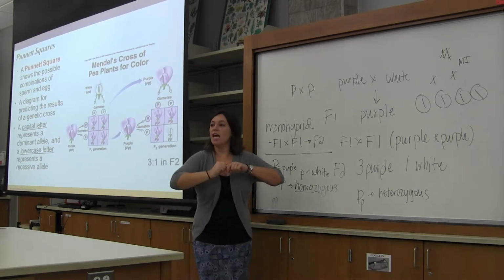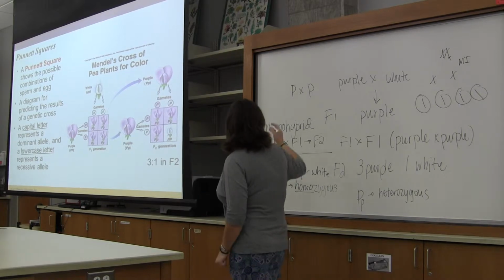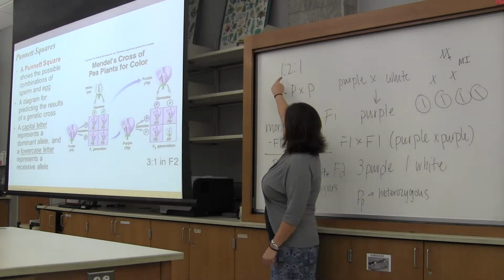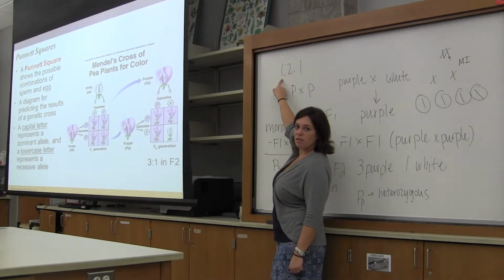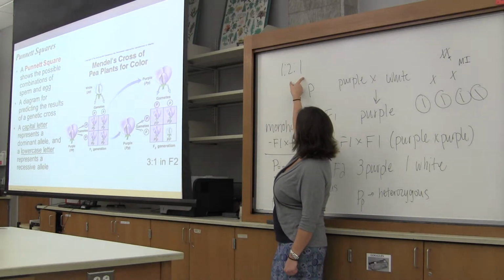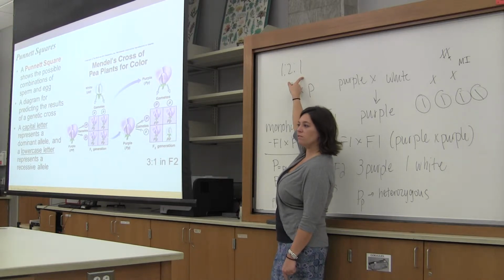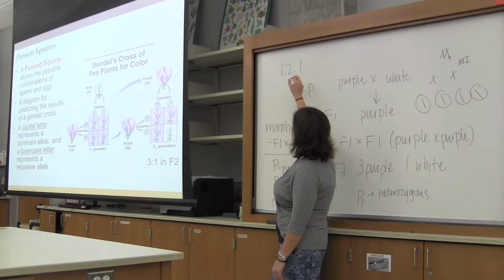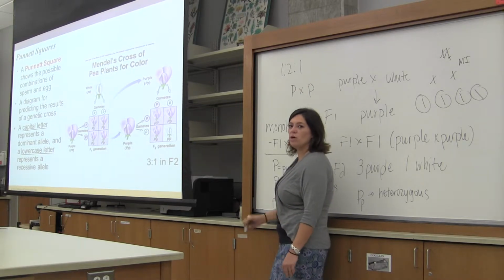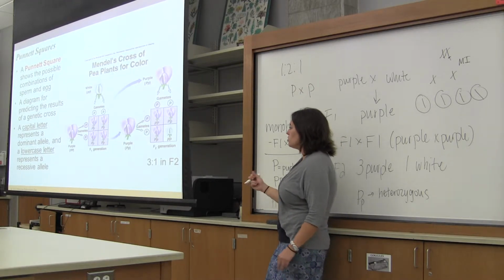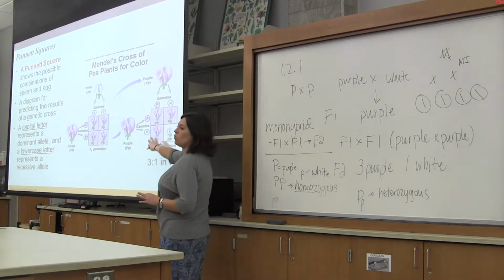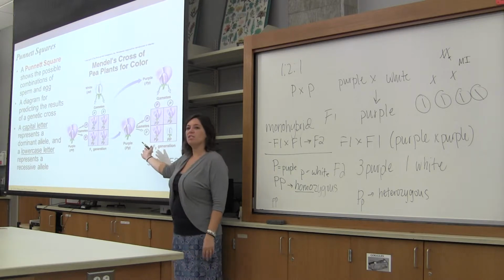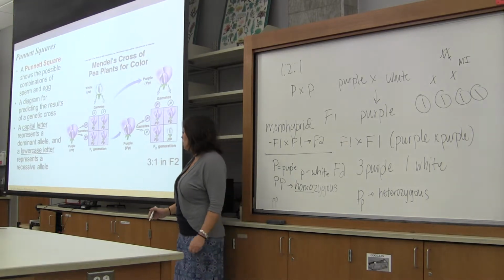So in terms of a genotypic ratio, he saw a 1-to-2-to-1: 1 homozygous dominant, 2 heterozygous, and 1 homozygous recessive. And so the genotypic ratio is a 1-to-2-to-1, while the phenotypic ratio is going to be a 3-to-1. If it's phenotypic, you're just basing it on what it looks like. But if you're looking at the genotype, you're actually looking at the different versions of the alleles that are present.